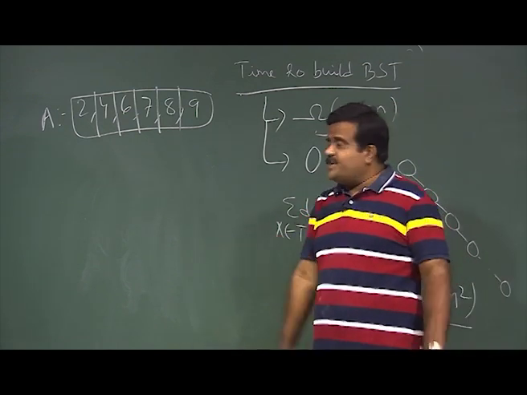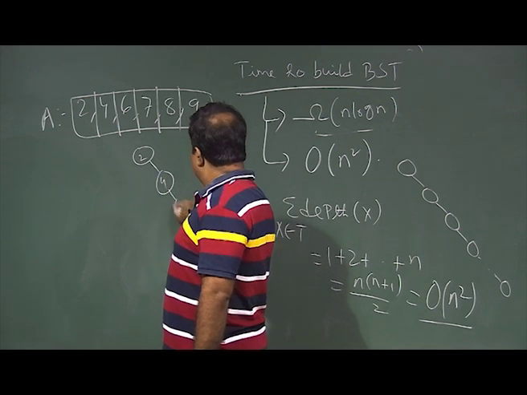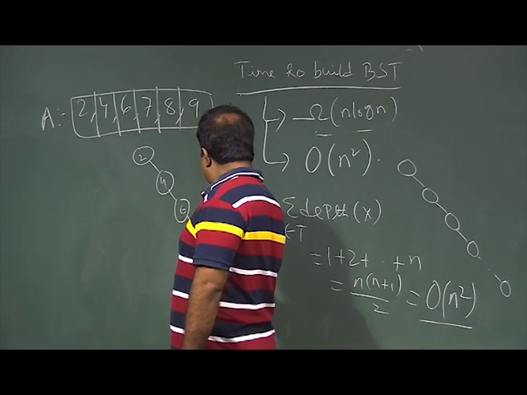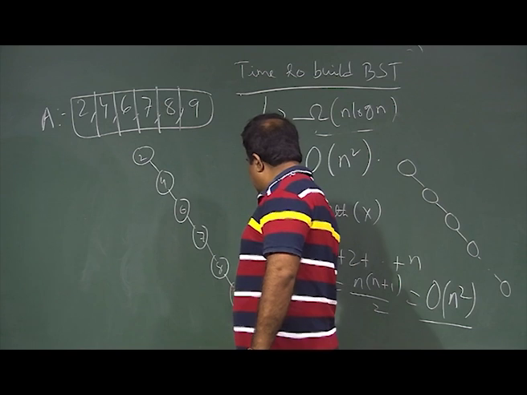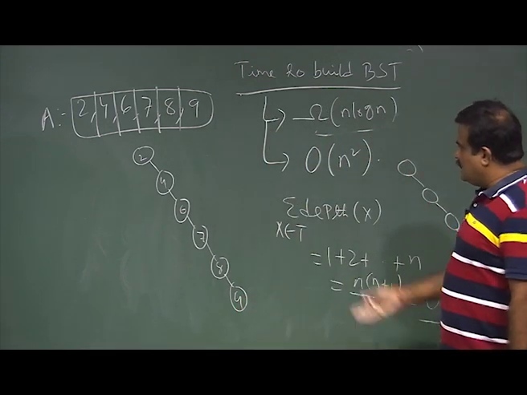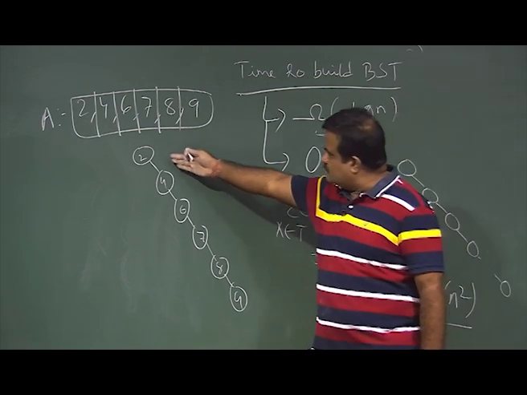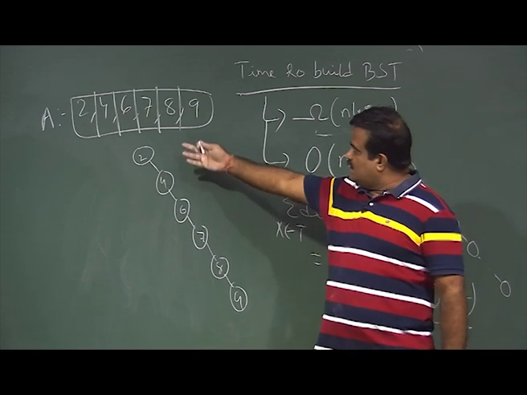Then what is the tree? The tree will be like this: 2, then 4, 6, 7, 8, 9. To form this tree we need order of n square, because everybody has to compare with all the previous elements.